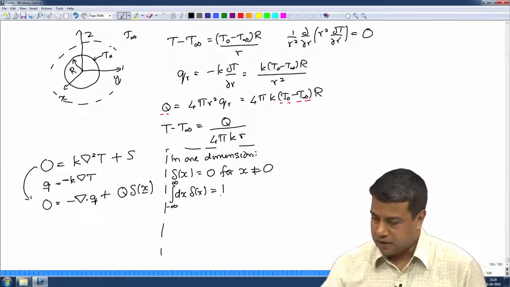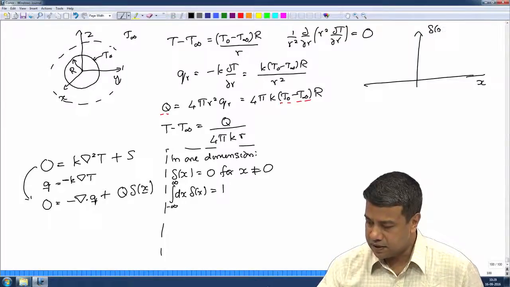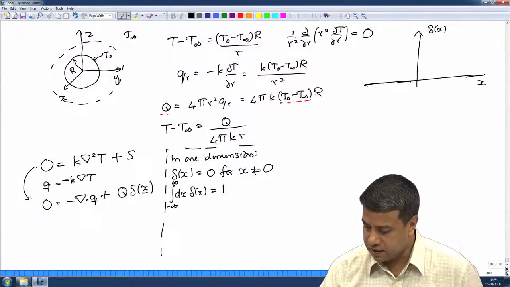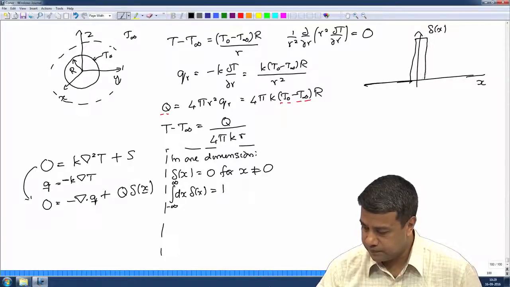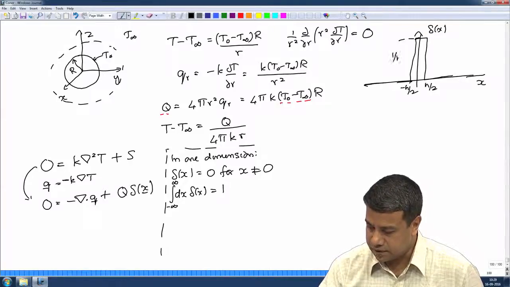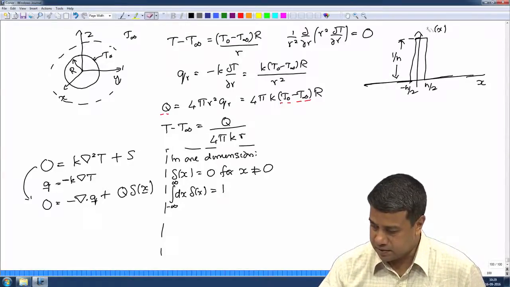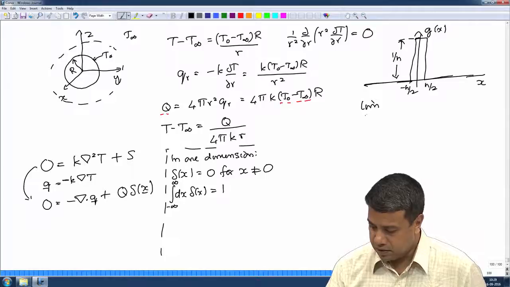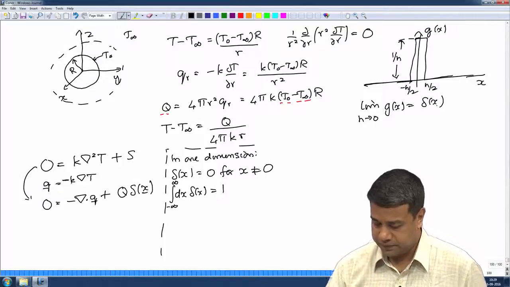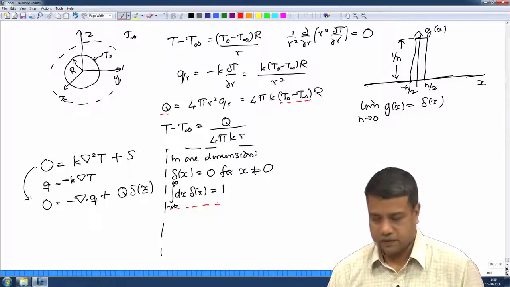If you recall, we had idealized this as a function: if you take a function which is non-zero only between minus h by 2 and h by 2, and the height is 1 over h, and call this g of x, then if you take the limit of h going to 0 of g of x, it is this delta function. Since you have this integral condition, this delta function has dimensions of 1 over length.